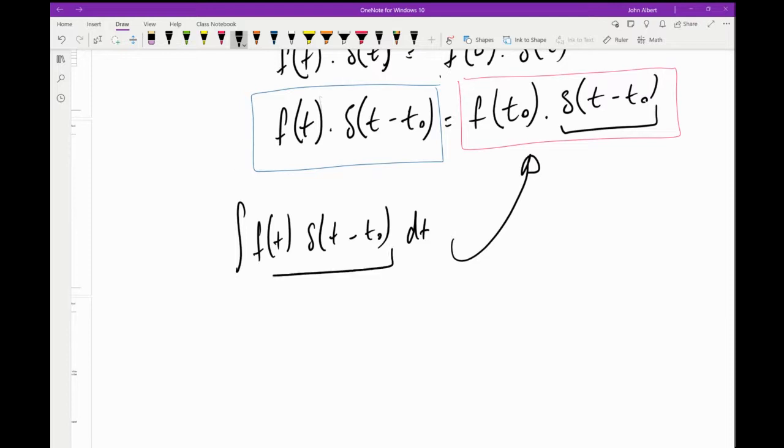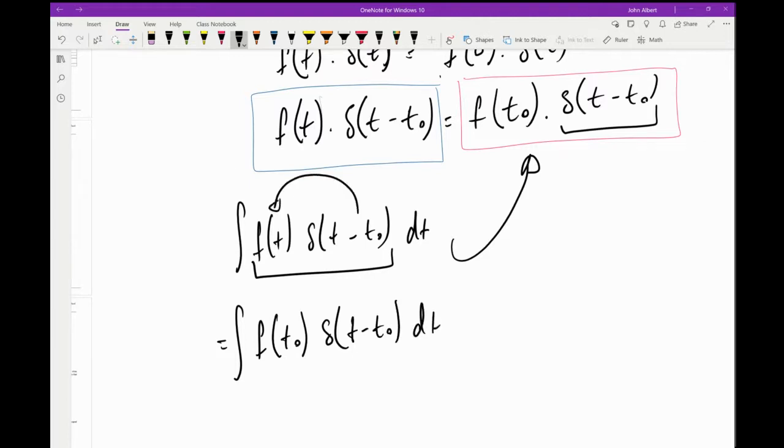We said that this thing becomes equal to the integration of f of t0 multiplied by delta of t minus t0 dt. This delta gave its location to the f of t, and it doesn't care about f of t, it only cares about the value of f of t at t0.